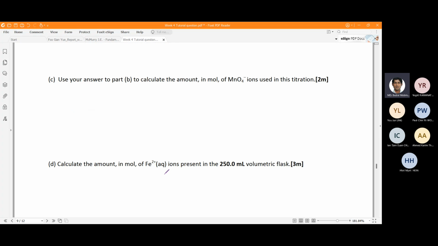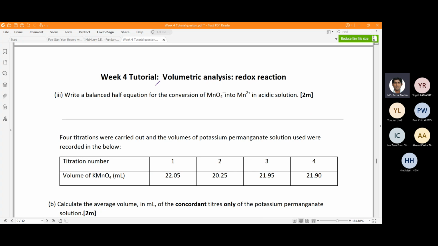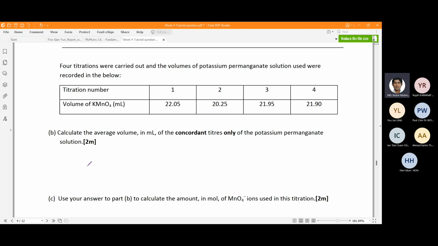Please go through it and mind that the test during the mid-sem will be in this format. Of course, it will be a multiple choice question, and also like this, you have to write it, right? You just don't write, okay, X or sodium hydroxide. For example, calculate the average volume in milliliter of concordant titers. You just write that the average volume is 5?